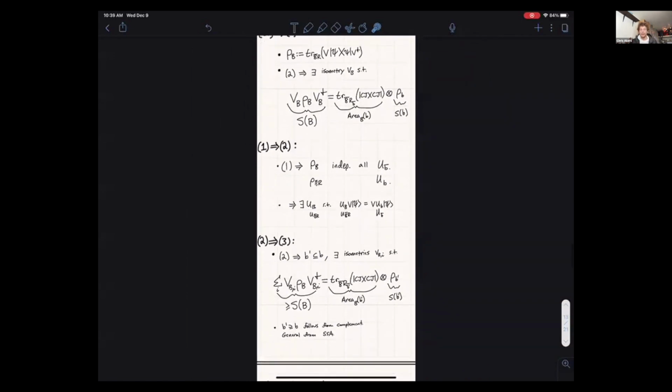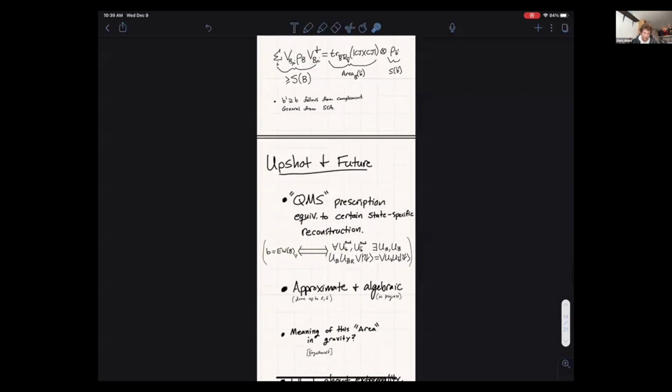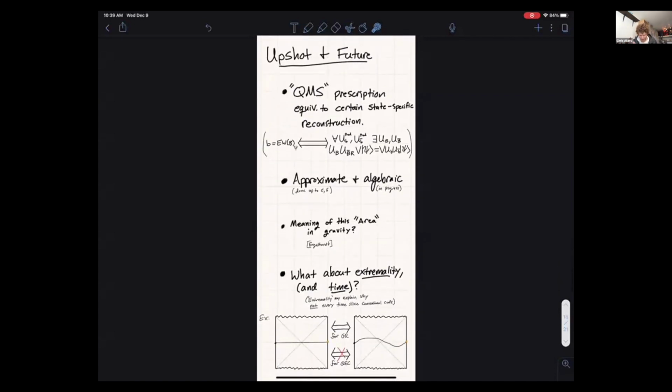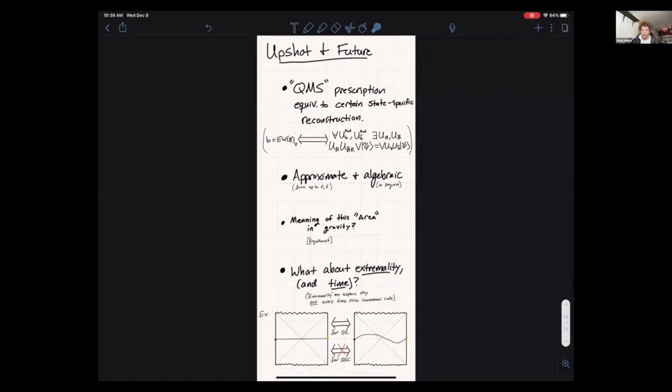Let me now tell you the upshot and some interesting future directions. The upshot was that the quantum minimal surface prescription is equivalent to a certain state-specific sort of reconstruction. If all you know is that little b is the entanglement wedge of capital B, then you're guaranteed this sort of reconstruction. If you knew the stronger thing, that it was the reconstructable wedge, then you'd be guaranteed a stronger sort of reconstruction.